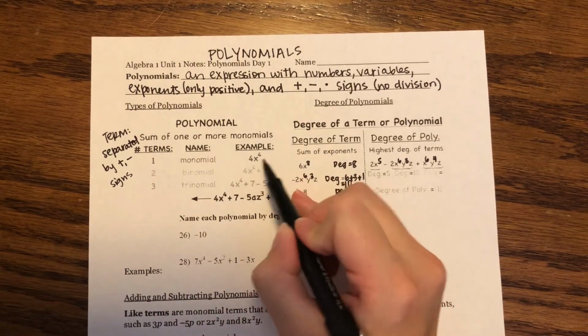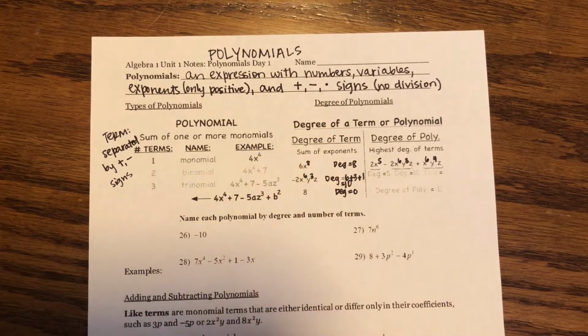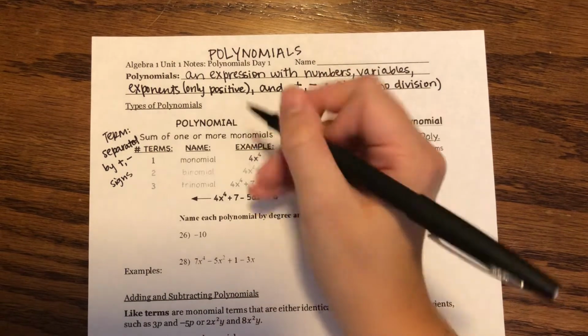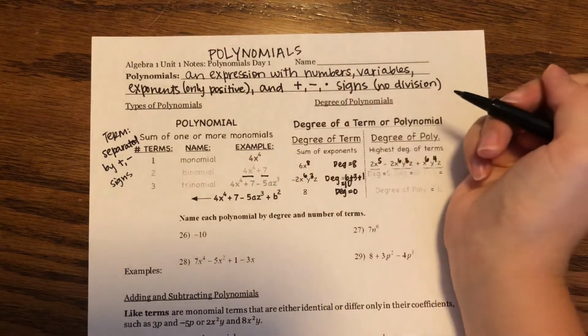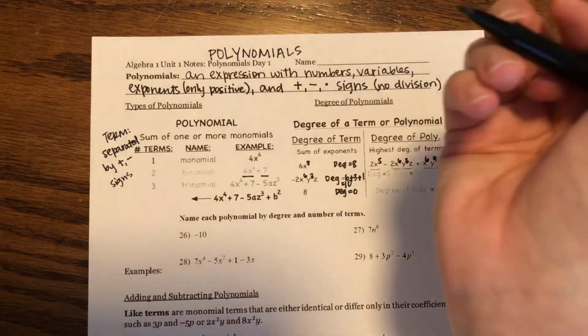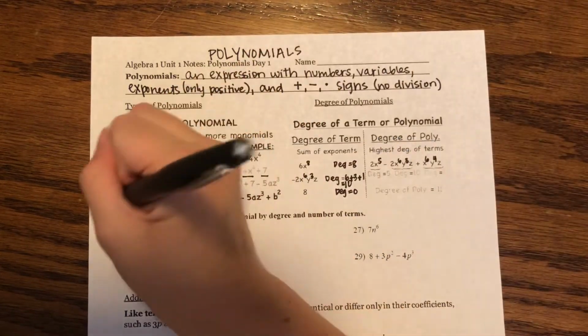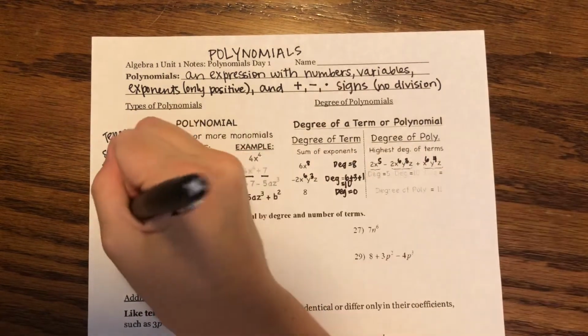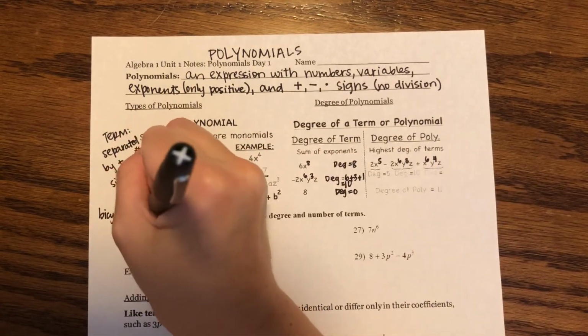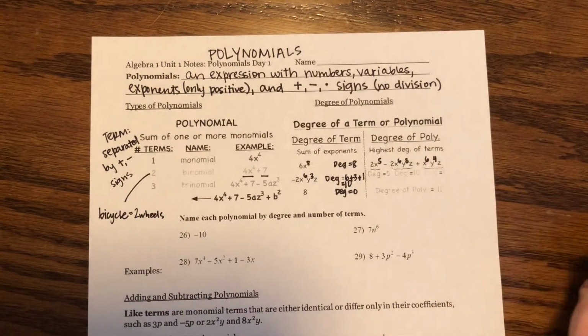So because there's only one term, we call this a monomial. Because we have 4x to the fourth plus 7, we have 2 terms, so we call it a binomial. I like to think about how a bicycle has 2 wheels, so a binomial equals 2 terms.